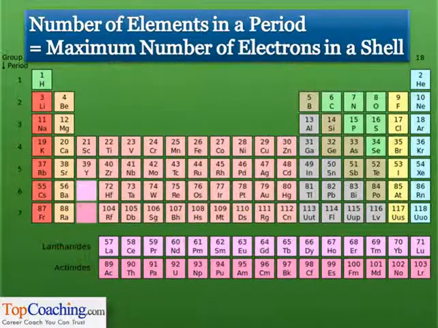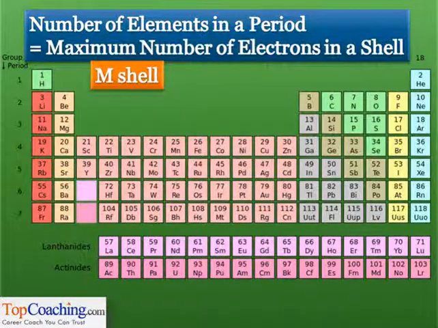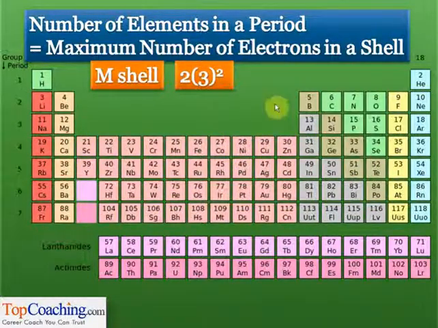Take a look at the third period here. The third period has the valence shell as the M shell. Isn't it? After all, the number of shells keeps on increasing as you go down the group. So the third period has the M shell as the valence shell. The M shell, according to the 2n square rule, can have 3 square into 2, that is 18 electrons.